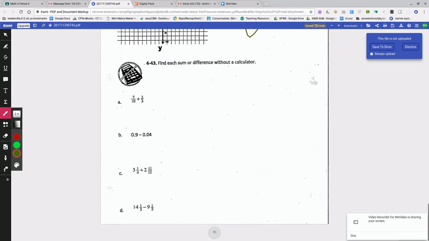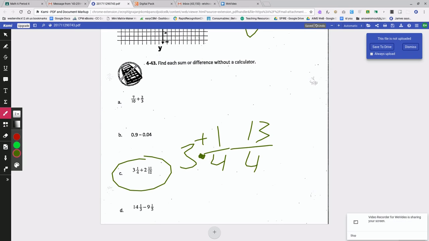And then the last, we got some fractions and decimals here, addition, subtraction. Remember, find a common denominator. When we have mixed numbers, you got to turn them into improper fractions. To do that, we multiply by the whole number, add the numerator. So 4 times 3 is 12, plus 1 is 13, 13 over 4.